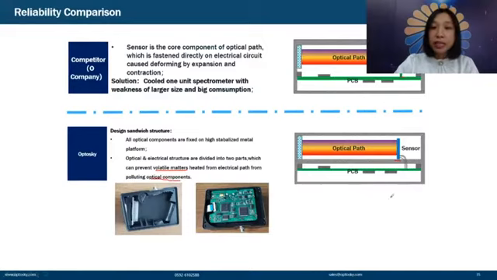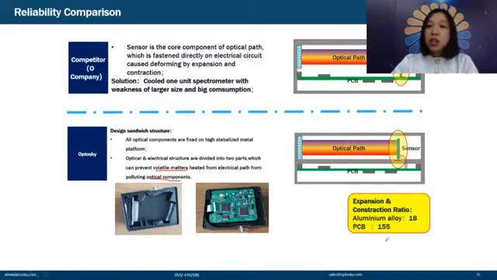We can see that the expansion and contraction ratio of the metal platform is only 18. However, our competitors usually fasten the optical path directly on the PCB board. You can see the PCB board expansion and contraction ratio is 150-50.